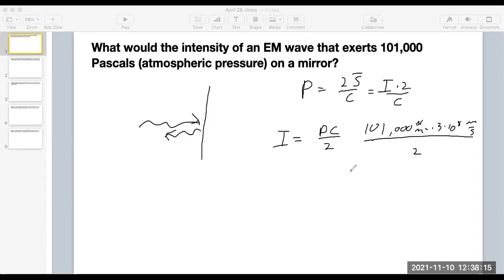So the units do work out to around 1.51 times 10 to the 13th watts per meter squared. Yes, and the bar over something means average value if there's no arrow on the bar.